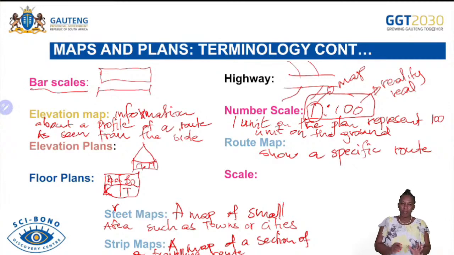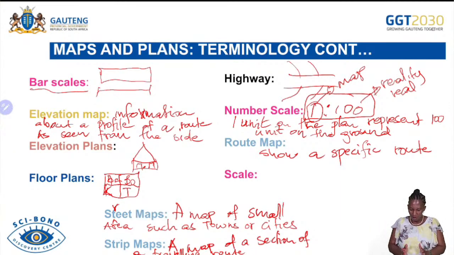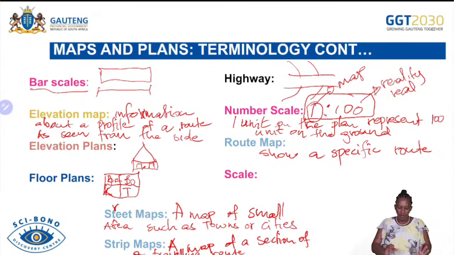Remember, with a strip map, it doesn't show all the streets, but it only shows a certain section of the map. With the street maps, a map of a small area such as towns or cities, we only focus on that.